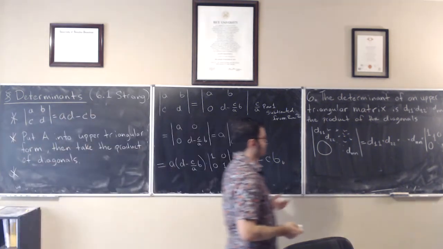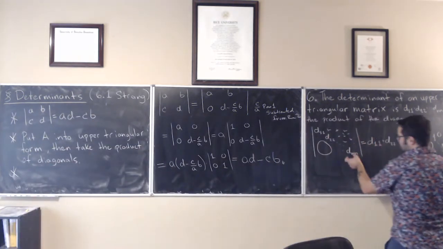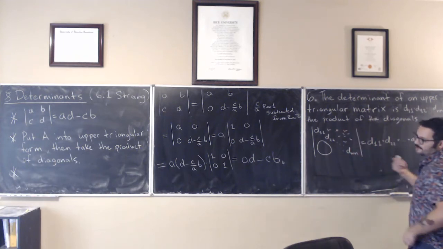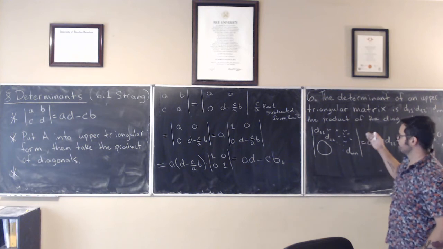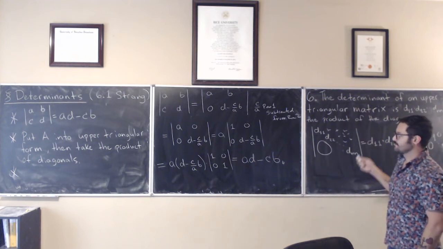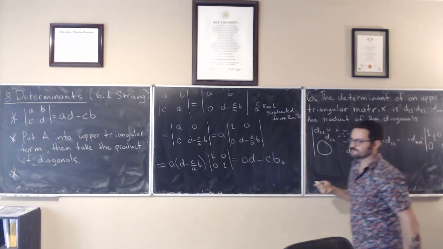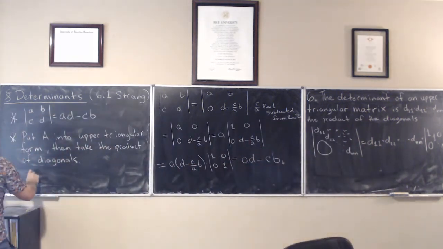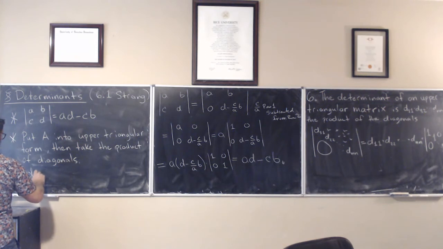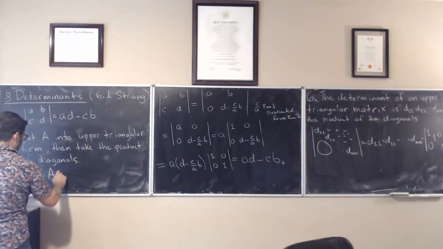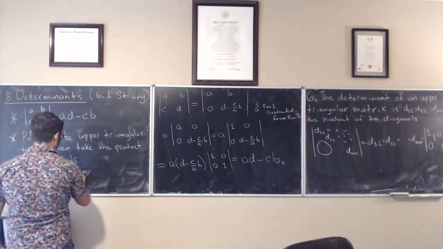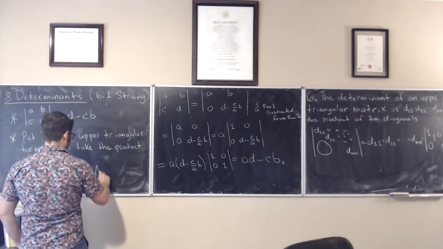But if one of the diagonals is 0, once it's in upper triangular form via Gauss-Jordan elimination, the determinant is 0. So the determinant of A equals 0 is the same thing as saying that A is not invertible.